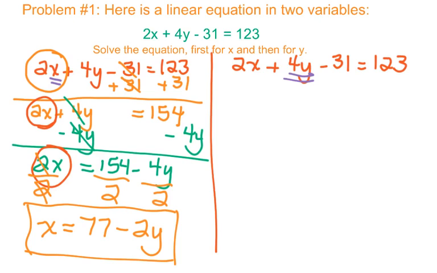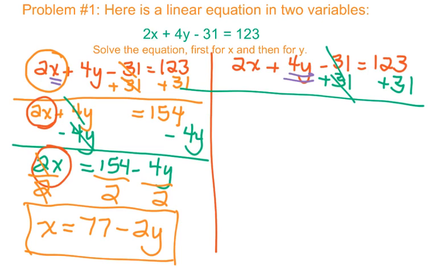The very first thing I'm going to do again is work with numbers, and I am going to add 31 again to both sides. When I do that, I'm left with 2x plus 4y is equal to 154 again, just like before.